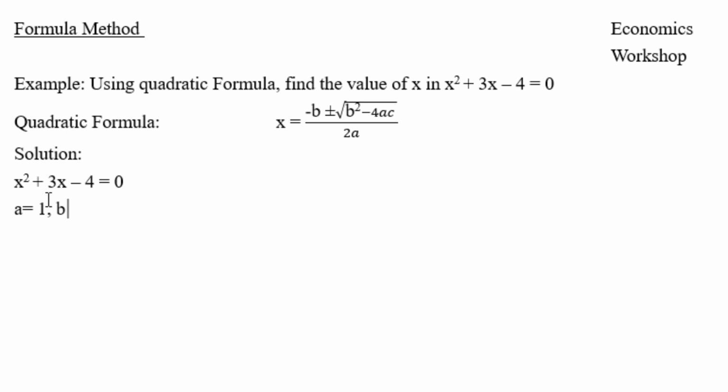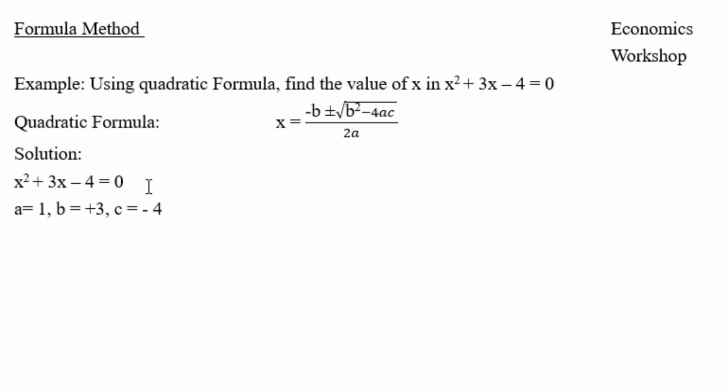B represents the coefficient of x, that is the middle term, and that is plus 3. And lastly, C represents our constant. In this quadratic equation, our constant is minus 4.